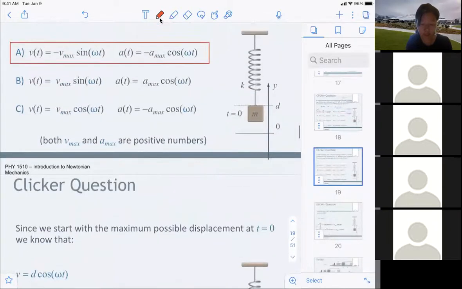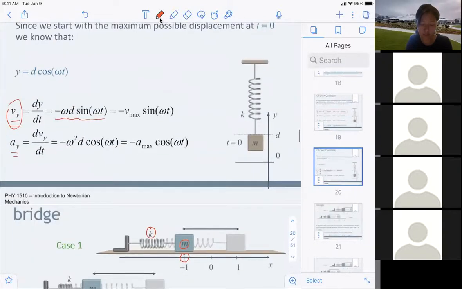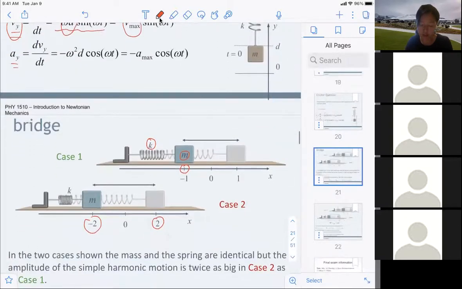We said the correct choice is A. Now A shows my maximum velocity is omega times d. Okay, maximum velocity for a simple harmonic oscillation is omega times d. So in this case, case 1, V max is omega d 1.